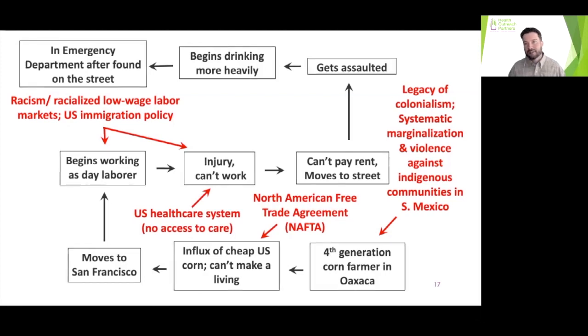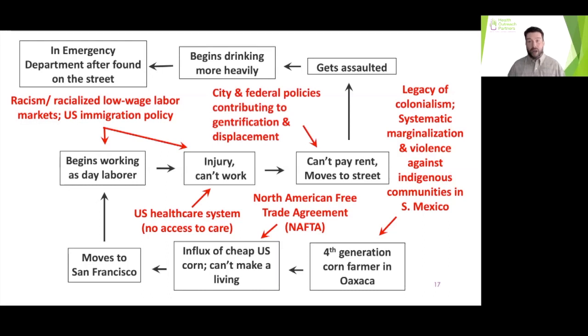One of those biggest protections and benefits is access to health insurance and a US healthcare system that is incredibly complicated and has a lot of barriers for those who don't receive access through their employer or who don't have proper immigration status.